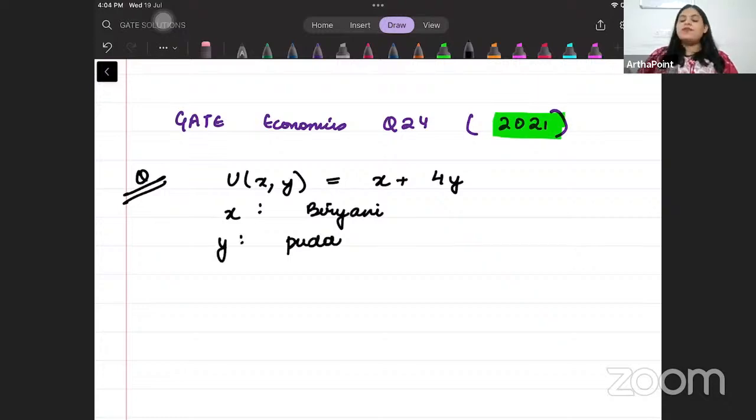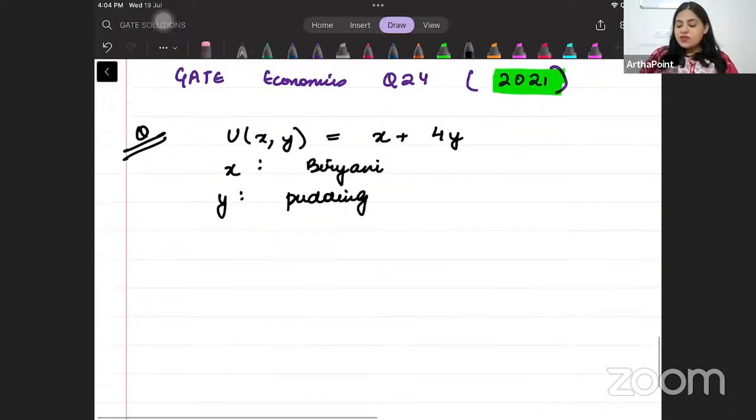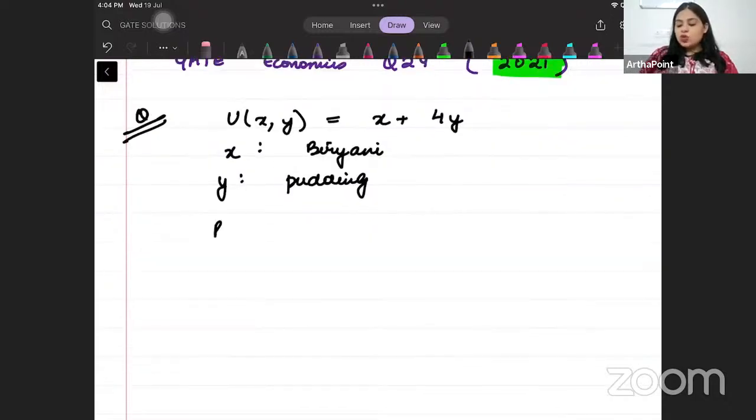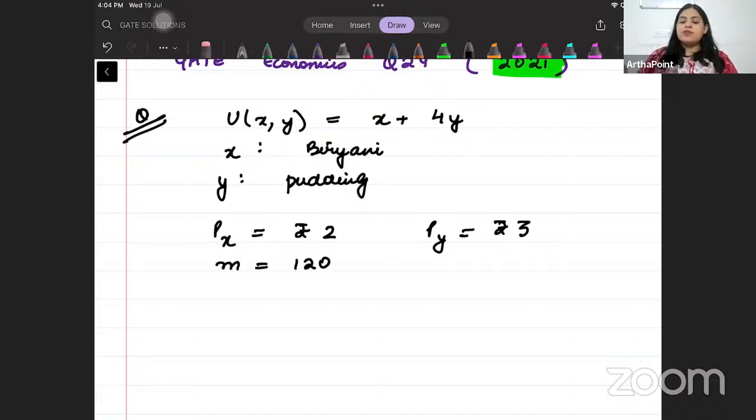Then it says that the price of biryani is 2 and the price of pudding is 3. Trisha's total income is 120.